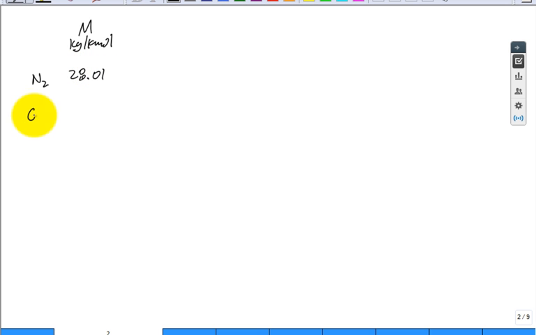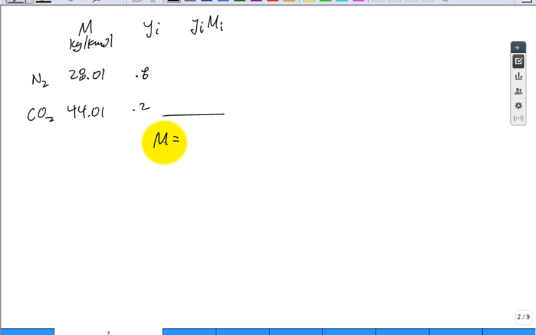28.01. Then I'll look it up for carbon dioxide, 44.01. What was my given mole fraction? It was 0.8 and 0.2. At this point, you can calculate y_i times M_i, and when you sum that, it gives you the mixture molar mass.